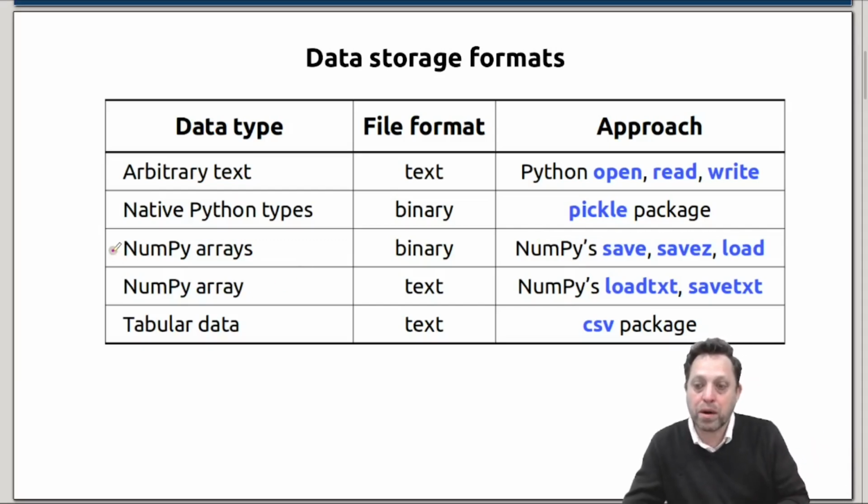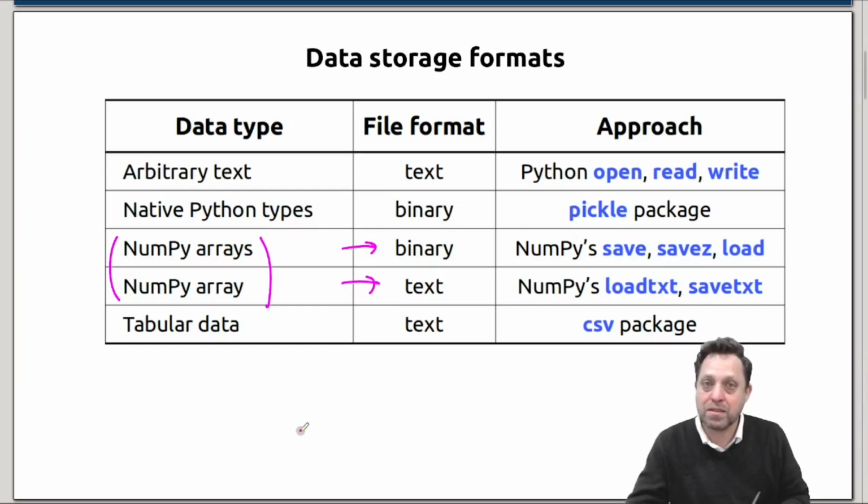Now, if you're working with numbers, that is with NumPy arrays, you have two options. You can save to a binary file or save to a text file. A binary file is maybe a little more compressed, and not readable with a text editor. For that you have save, savez, and load. And for text files, we use loadtxt and savetxt.